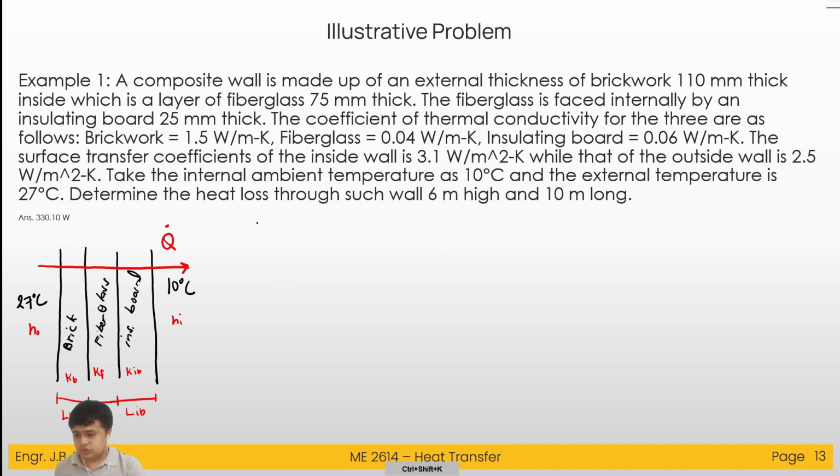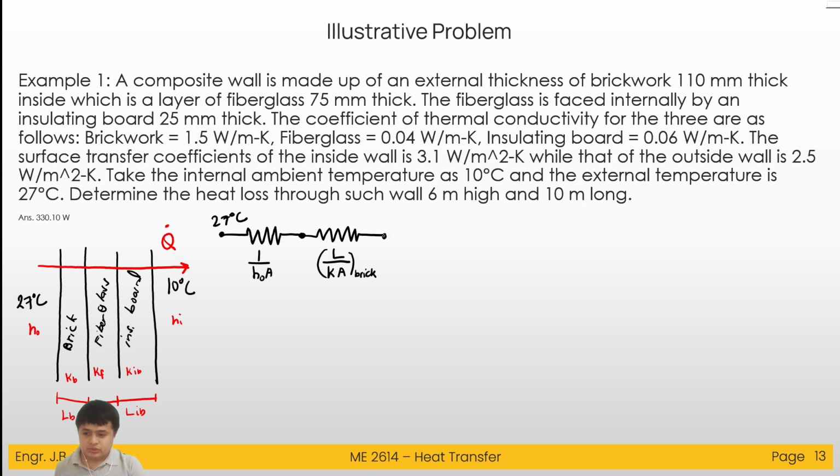The solution here is to treat this as an electrical circuit. You can imagine this is 27 degrees Celsius. Then you have a resistive element for convection, which is 1 over H_o A. Then you have another resistance for the conduction of the brick, L over KA of the brick.